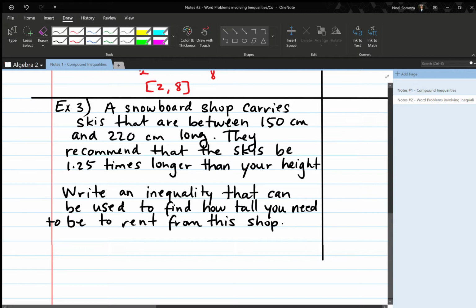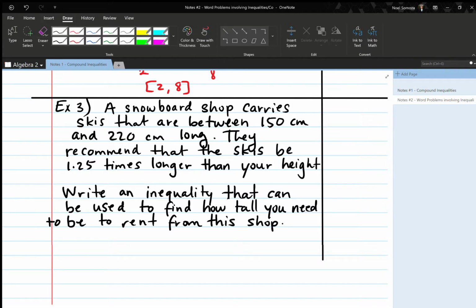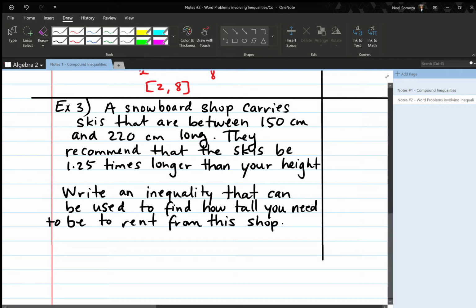This might not be the shop for you, right? If you're too tall or too short, they might not have your size. So this is why we're doing this.